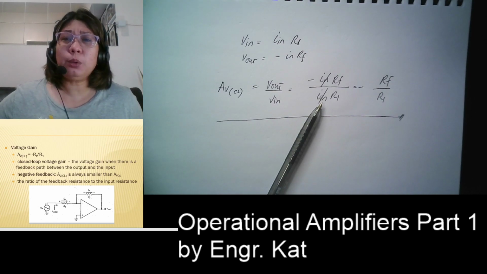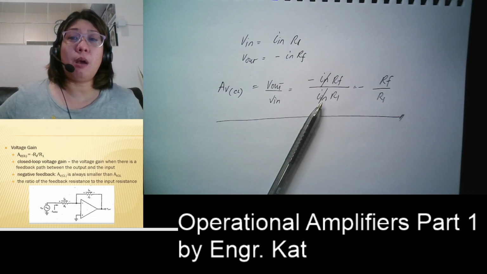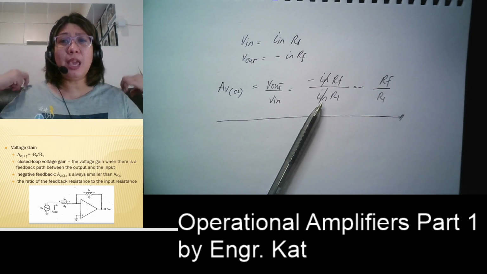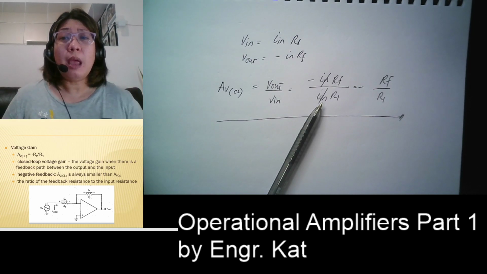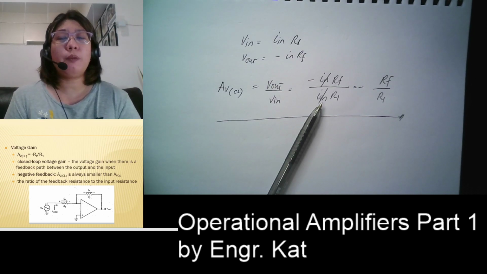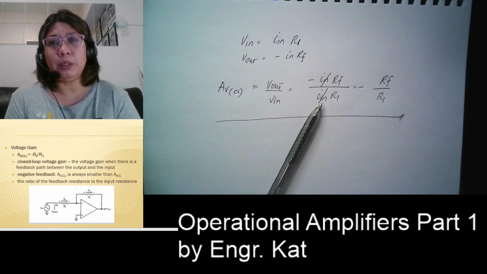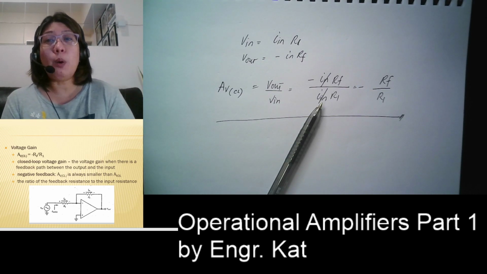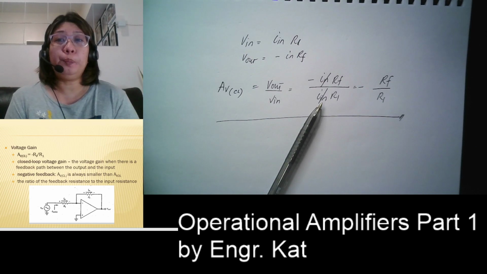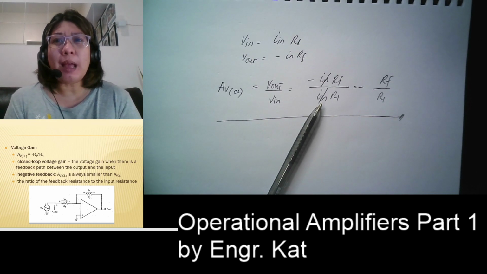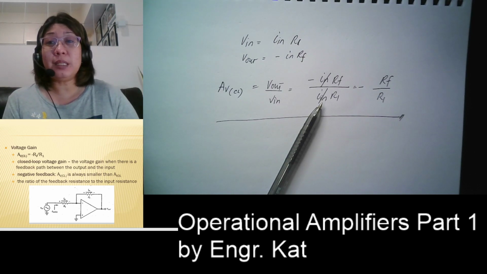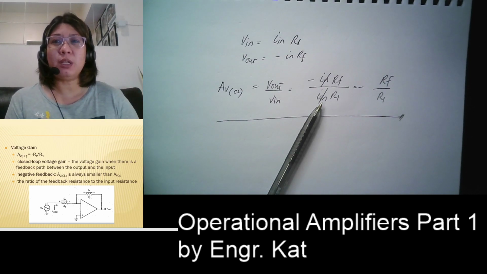So what is the counterpart of the inverting op amp in our previous discussions? This is just like a common emitter configuration, because with a common emitter configuration you will have an output that is 180 degrees out of phase with your input. However, if you are asked to design a common emitter amplifier with a gain of 50, you cannot just give the design right away because you still have to consider your circuit.